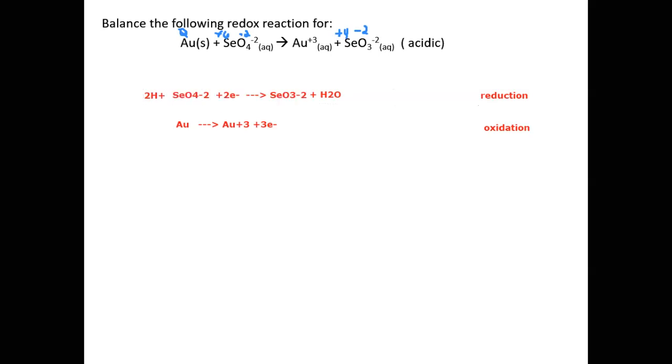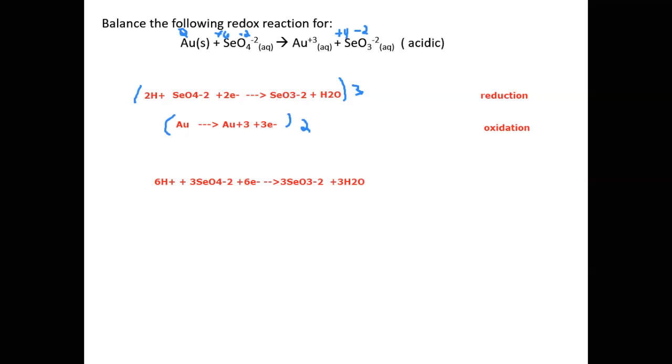Now we need to balance the electrons. So we need to multiply this one by 3, this one by 2. And we get 6H plus 3 SeO4 2 minus plus 6 electrons yields 3 SeO3 2 minus plus 3 H2O.